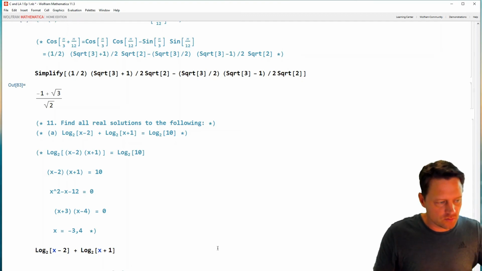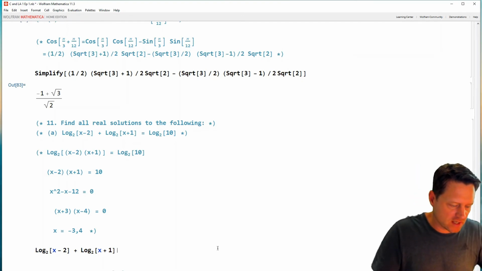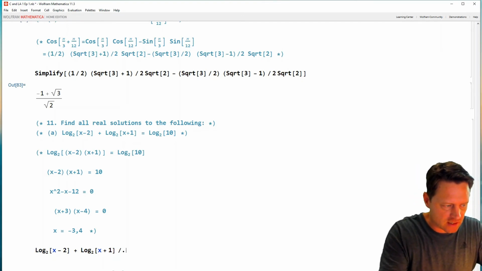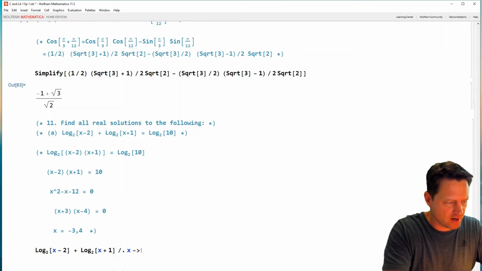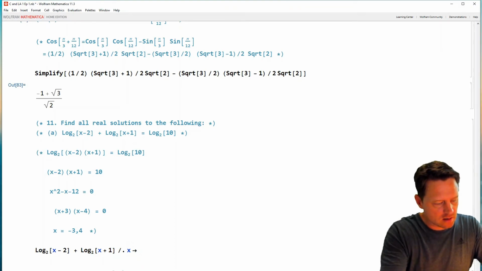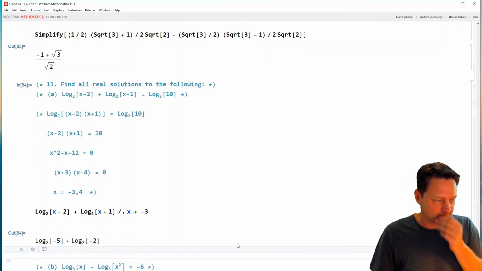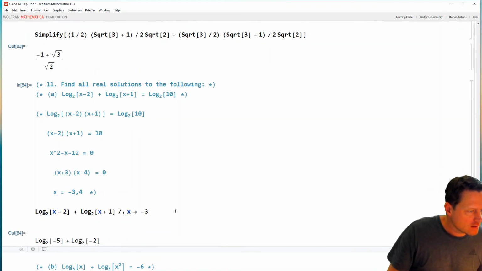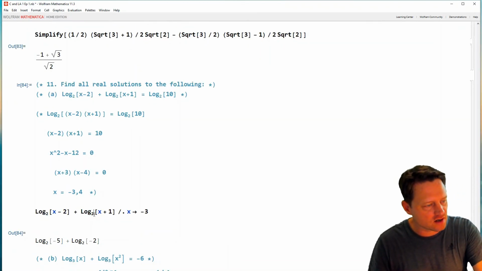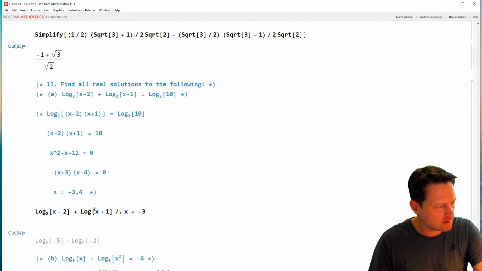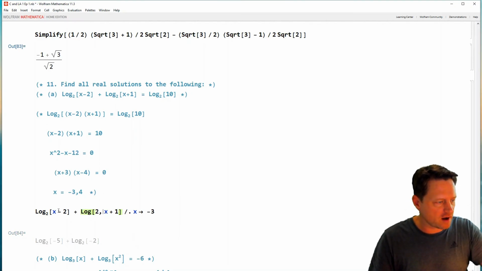So I'm going to write replace all, but in shorthand, what I can do is just put a slash and then a dot, and then I'll say x minus greater than, and then press the space bar, goes to minus 3. Okay, now I'll press the button. Oh, right, I see. So this is not exactly Mathematica syntax. I need to put the 2 comma there for base 2, and likewise here.